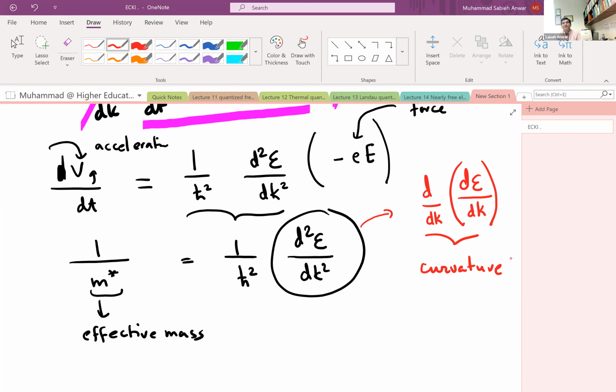Now what does all of this mean? This means that if I had an electron inside a periodic potential and we were to apply an electric field to it, it will accelerate in accordance with this effective mass. And acceleration causes change in the momentum or change in the wave vector of the electron. So the change in the wave vector of the electron would depend upon this effective mass.